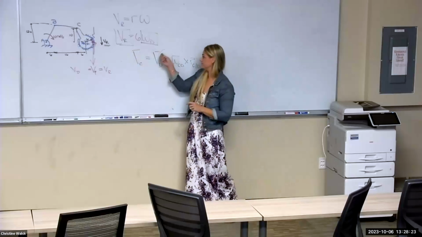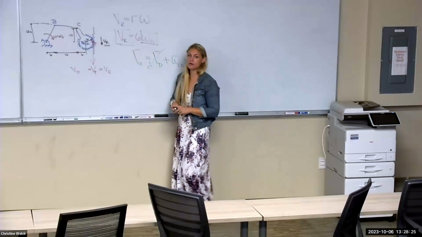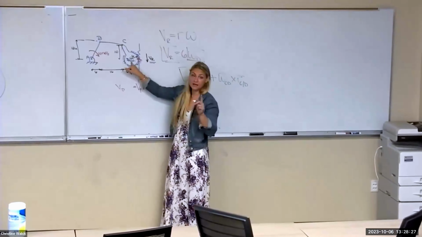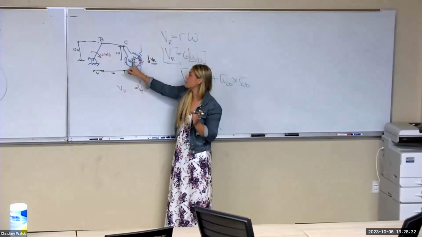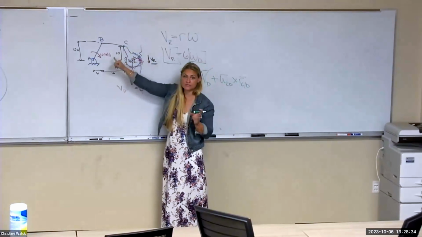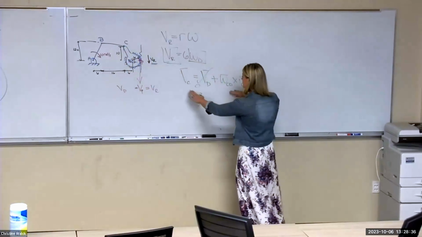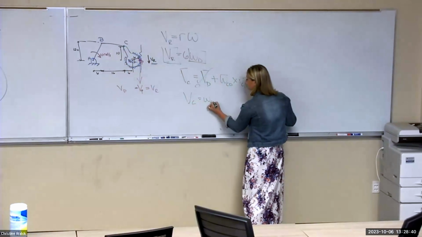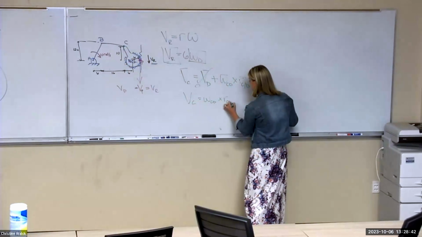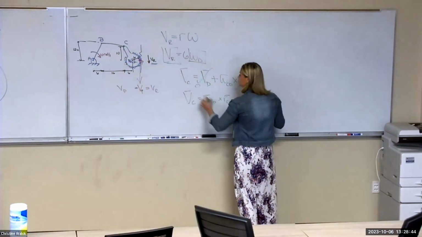It would go to 0. It goes to 0 because, one, it's an external pin. It can't move, okay? So C is in pure rotation about it, which is why this will simplify to VC equals omega CD cross RC with respect to D.